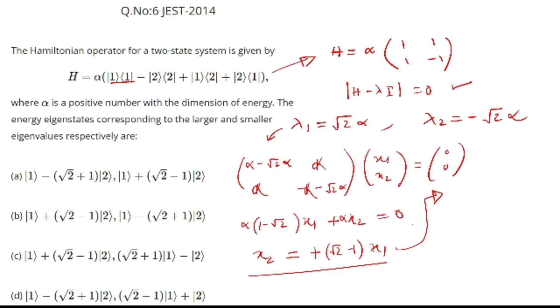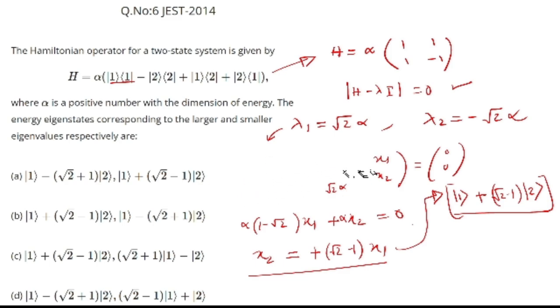So for x1 state 1, then state 2 will be root 2 minus 1 times that. So this will be one eigenvector. Next we have to find it for lambda 2 equals minus root 2 alpha. So this is for plus root 2.